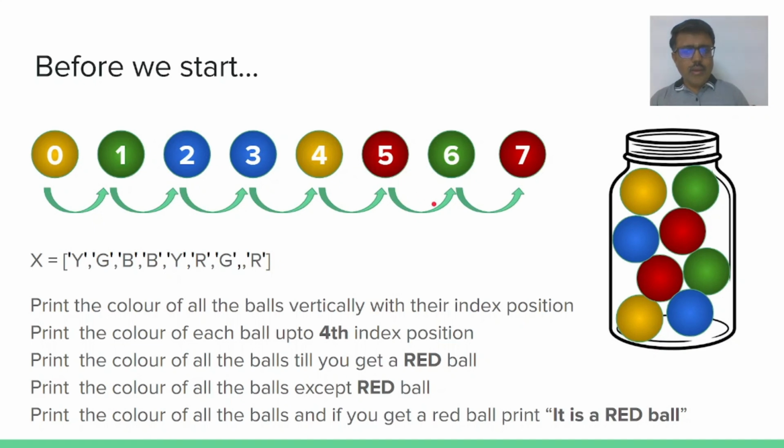Now, let's quickly recap whatever we have done, then you'll be able to understand why we are discussing this. We have seen that there are 8 balls in this jar, and I keep taking one ball after the other and make a record of them in a list, and that list is nothing but the x variable. Whatever order I get them in, I place them all here. Now, print the color of all the balls vertically with their index position.